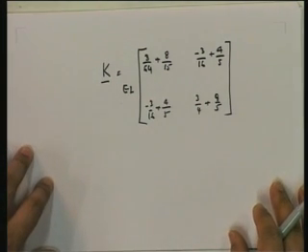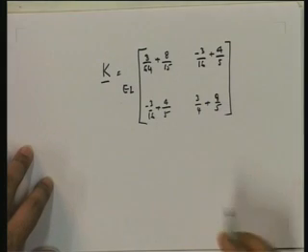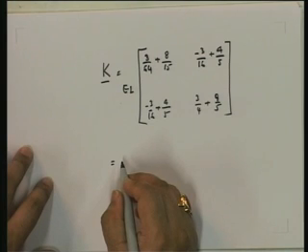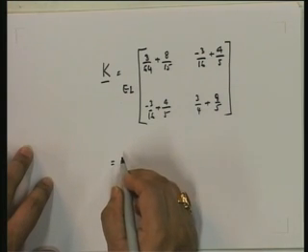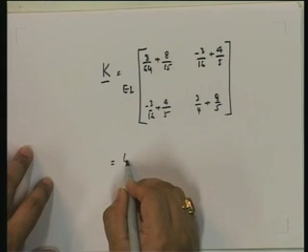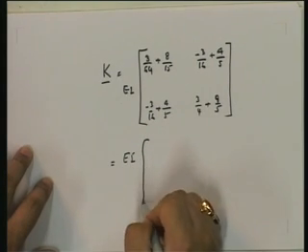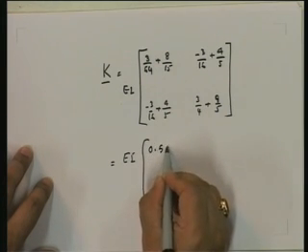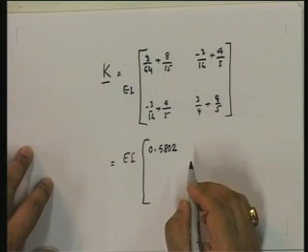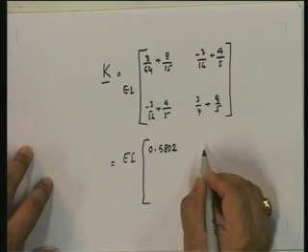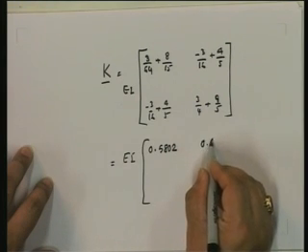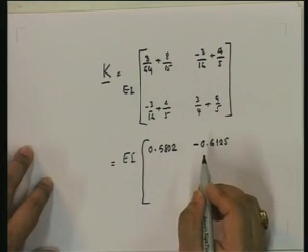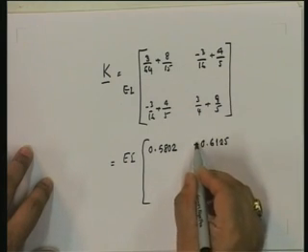So K is equal to EI into 0.5802, then 0.6125.